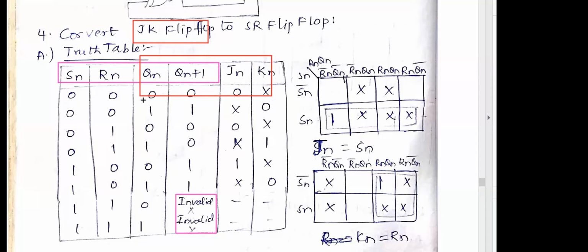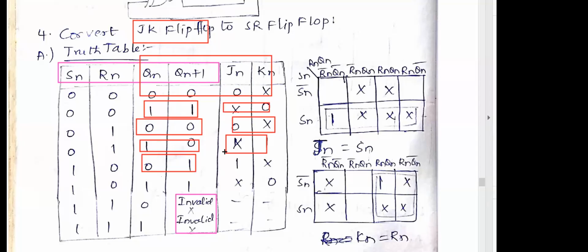By seeing all the conditions, the 0 0 condition is 0 don't care, the 1 0 condition is don't care 1, and the 0 1 condition is 1 don't care. Up to this point, the 1 1 condition we know is don't care 0, but we don't know this condition, so we are not writing these values here.